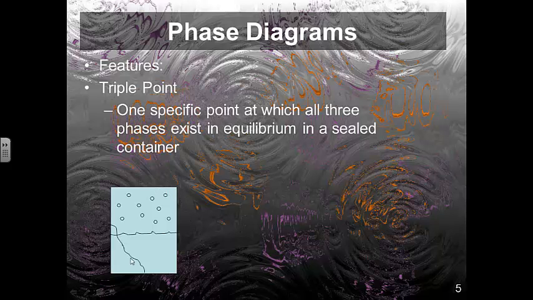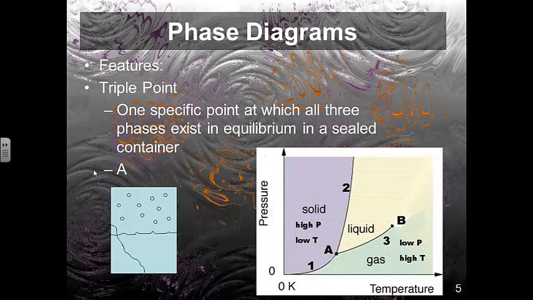If this represented a sealed container and you had some solid substance at the bottom sitting in the same liquid substance with gas molecules above it, you might be at the triple point. On your graph, the triple point was letter A. That's where the three lines meet, so that's where the three phases exist together.